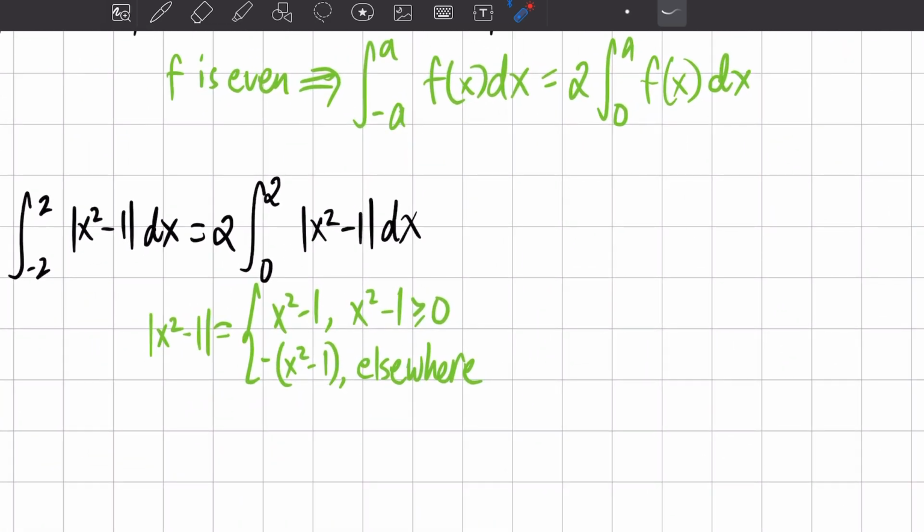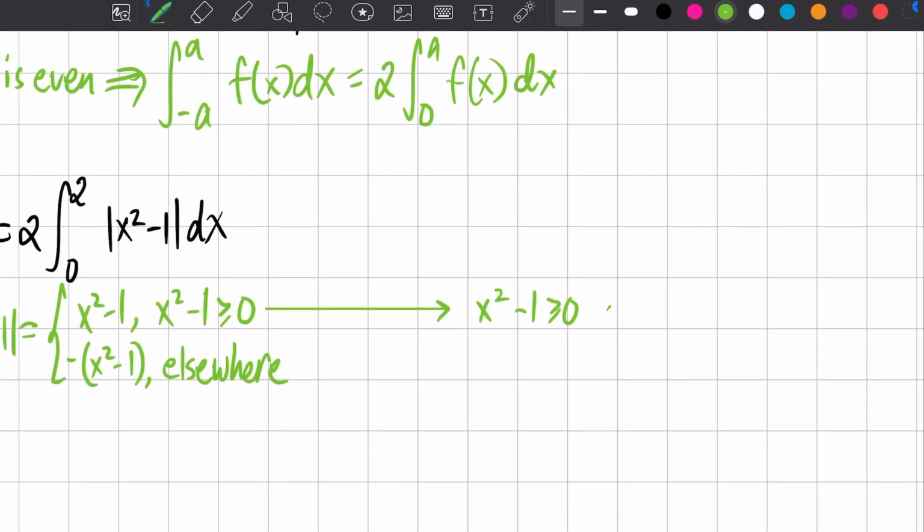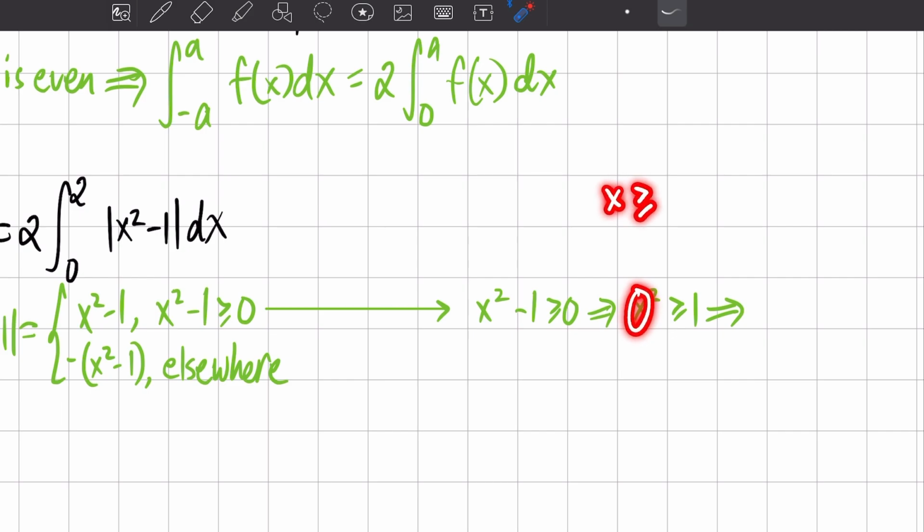So now, to determine what values of x would satisfy this inequality, let's solve this one. So we have x squared minus 1 is greater than or equal to 0. That's just the same as saying that x squared is greater than or equal to 1. And this one will only happen if your x would be greater than or equal to 1.